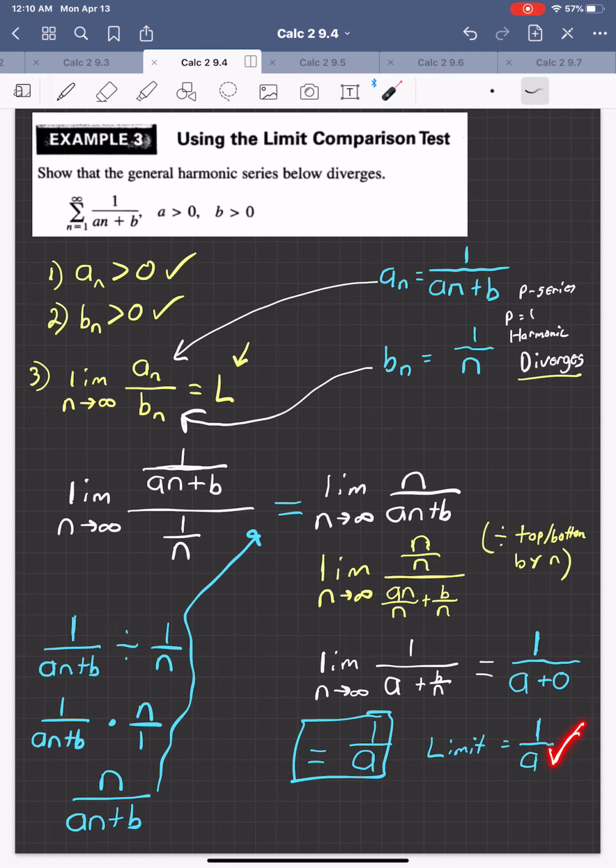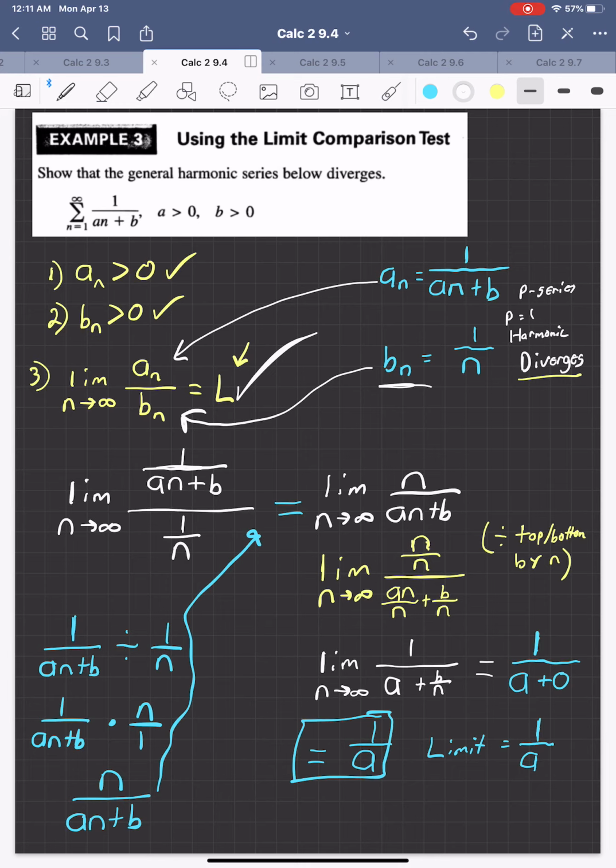So in this case, we've met all of the criteria we need. And now that you've established that all 3 criteria have been met, then we get to use the limit comparison test. And what does the limit comparison test tell us? That if b sub n diverges, then a sub n diverges.